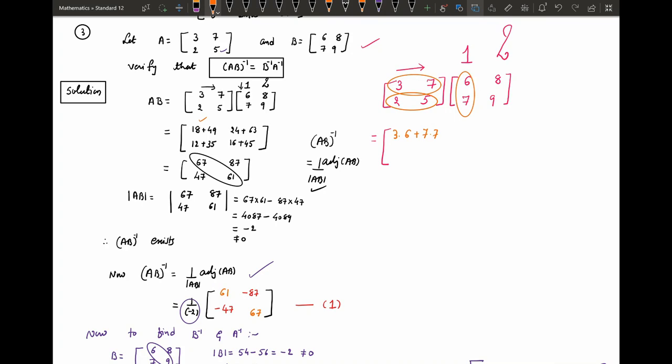When you prepare the first column, only use the first column, forget the second column. So 2 into 6 plus 5 into 7, so this is 12 plus 35.